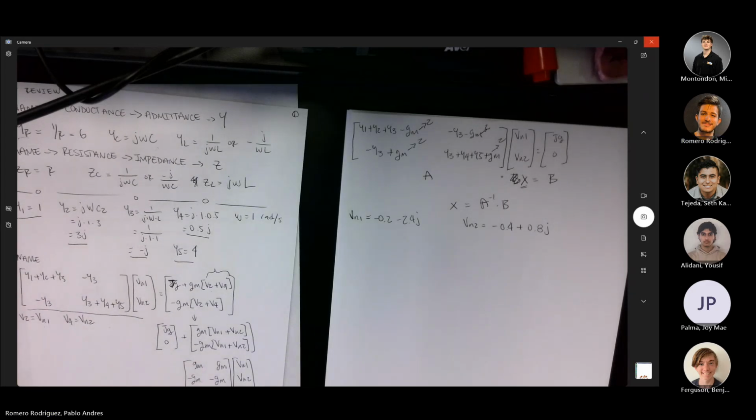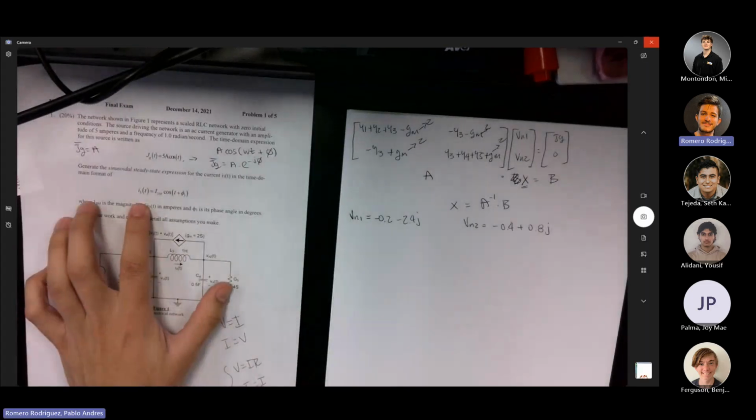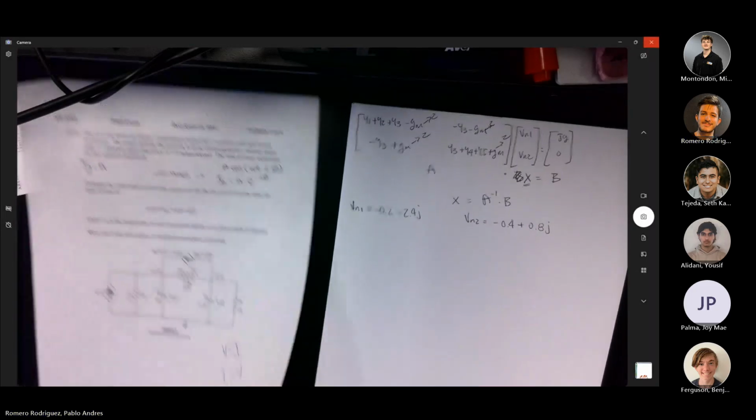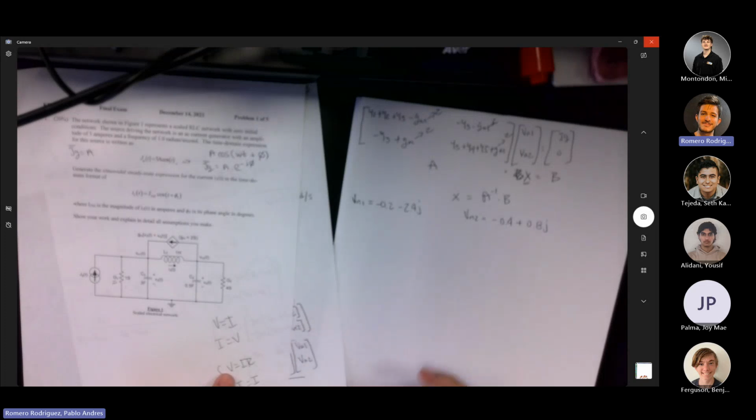So now, what is the problem asking us for? We're asked to find I3, the current through the inductor. So I'm gonna go back to this equation here, our famous Ohm's law.